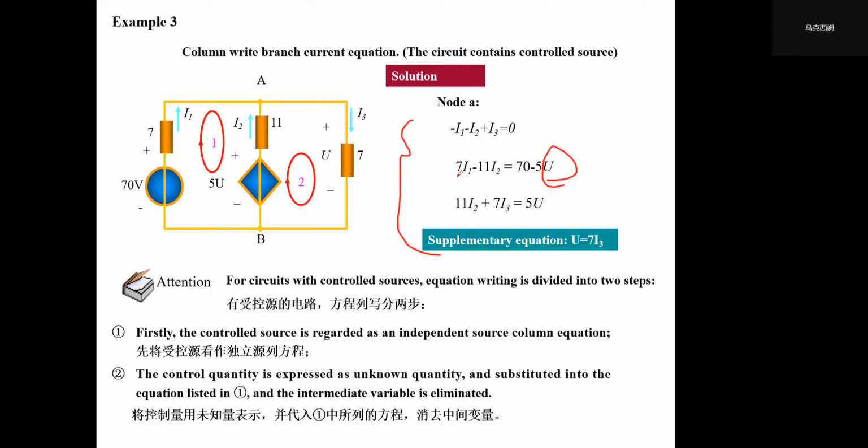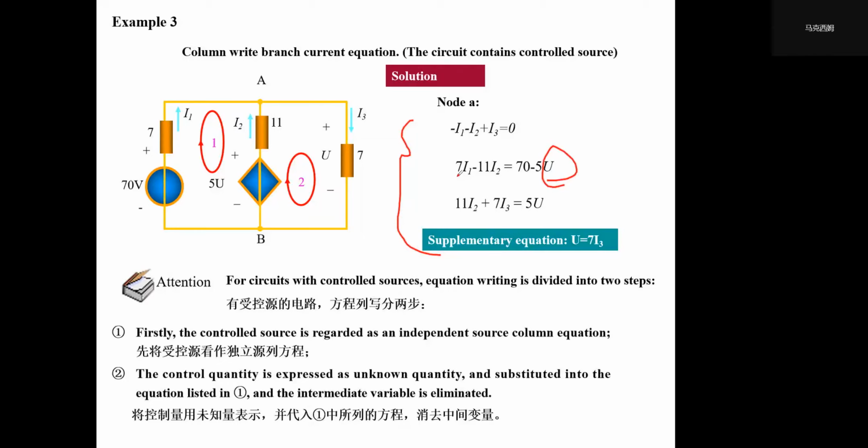So then we can use the control variable to replace the controlled variable. And then we can reduce the number of equations, and everything goes back to just like the old time. This is how we deal with it.